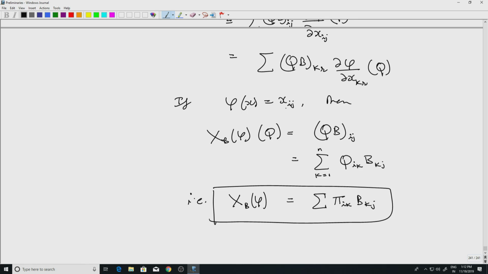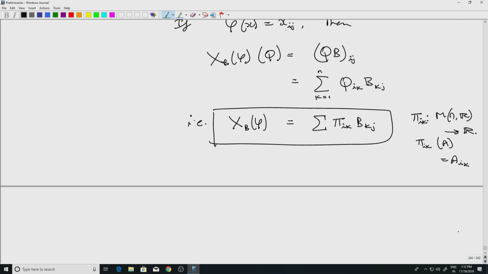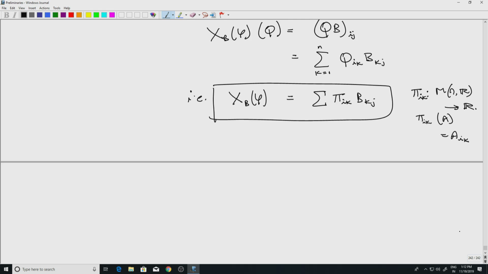So I get something like this. Pi ik is the ikth projection map from MNR to R. All it does is, if I input a matrix A, it gives me the ikth entry. So fine, that's what we have.